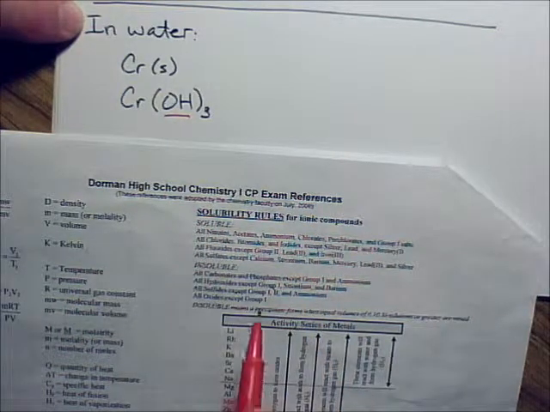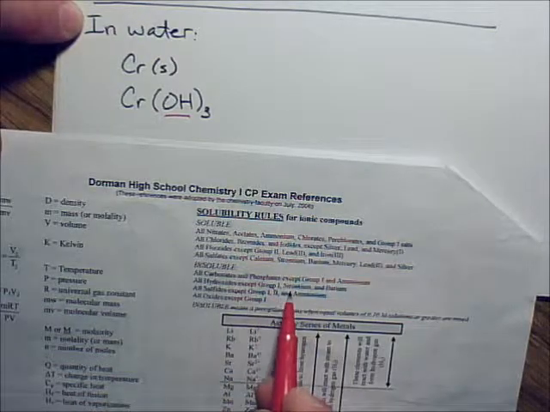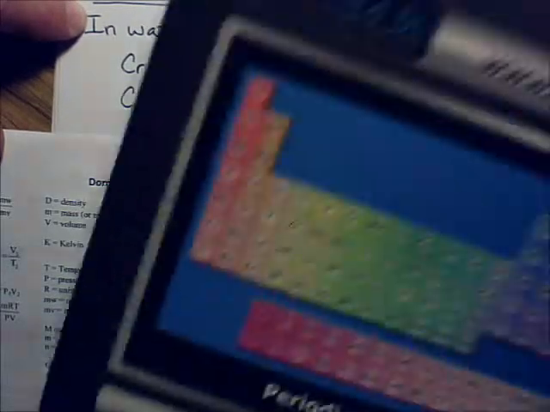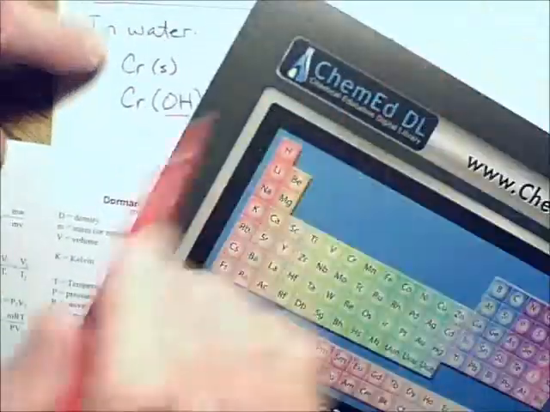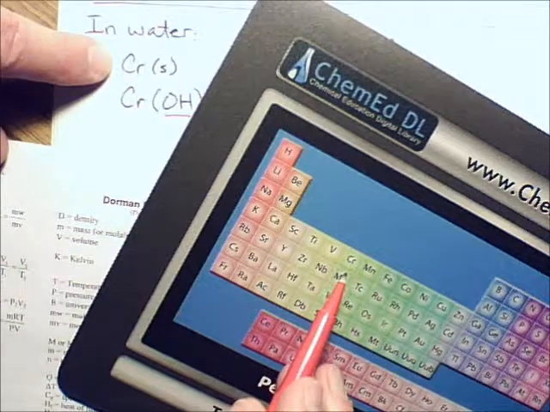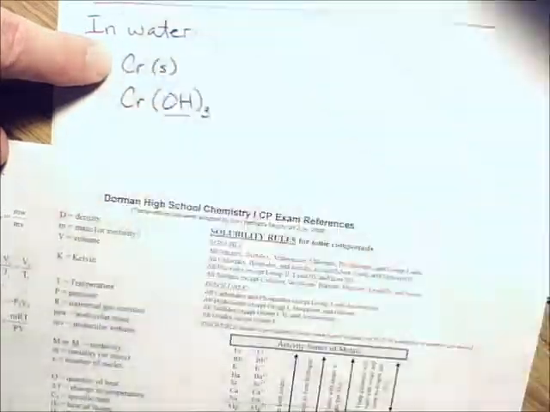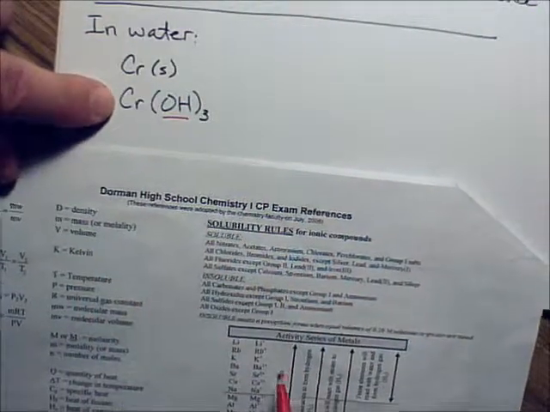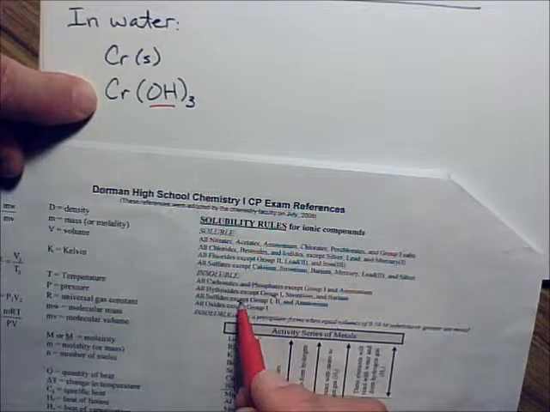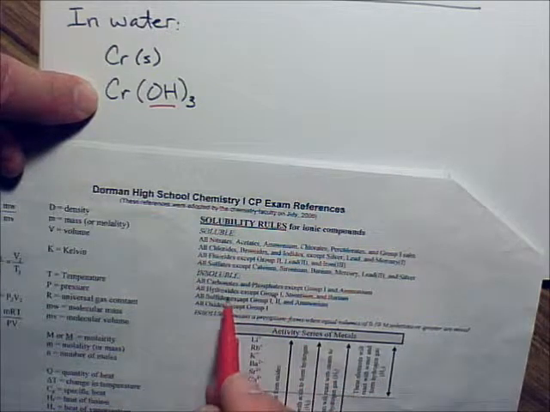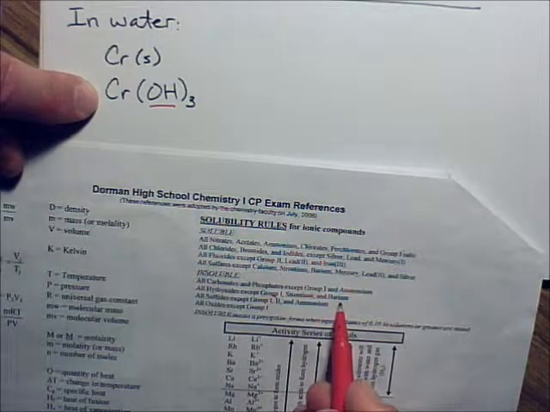They're not going to dissolve unless the hydroxide is attached to a group 1 element. Group 1 are those elements in column 1 of the periodic table, and chromium is not in column 1, it's over here in the transition elements. So this is not a group 1 exception. It also says an exception would be hydroxide bonded with strontium, but it's not strontium or barium.